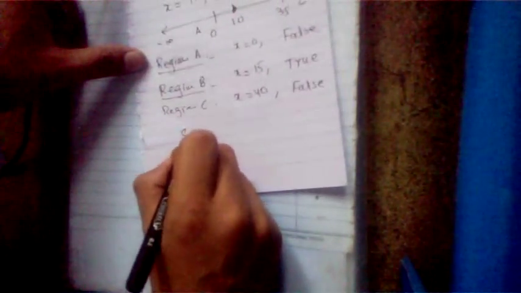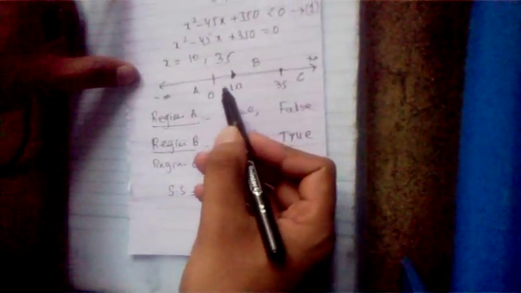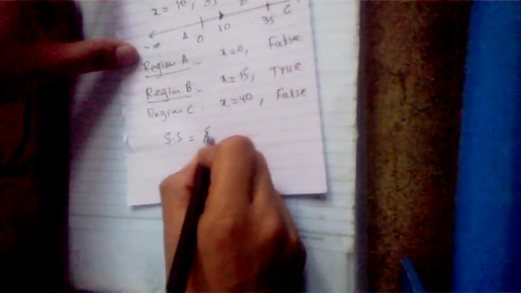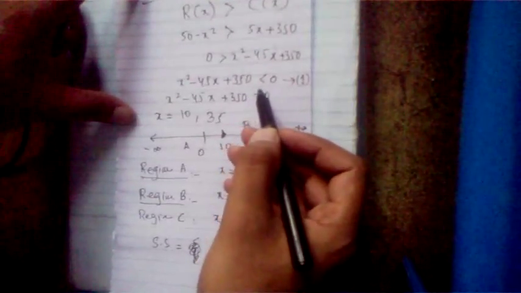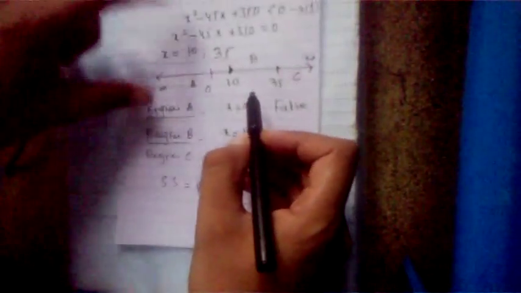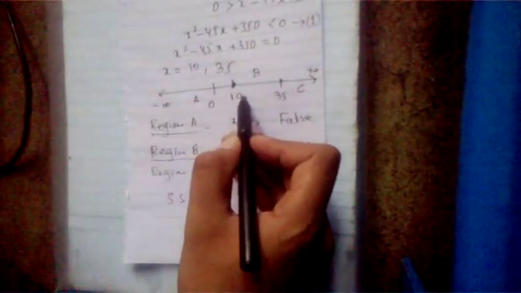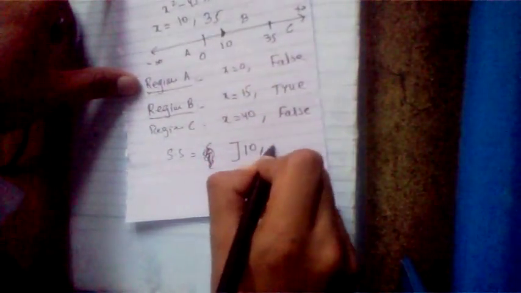Therefore, the solution is the region B, 10 to 35. Since 10 is not included in the solution because there is only a less than symbol, no equation symbol, the solution is only region B that starts from 10 and ends at 35, and it is kept open.